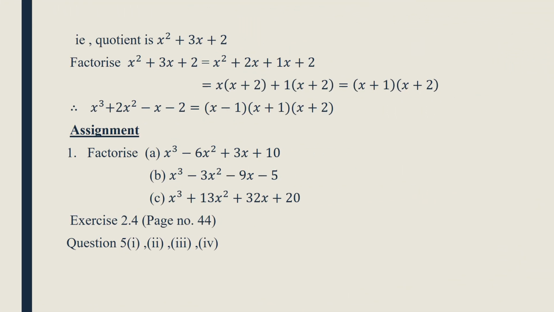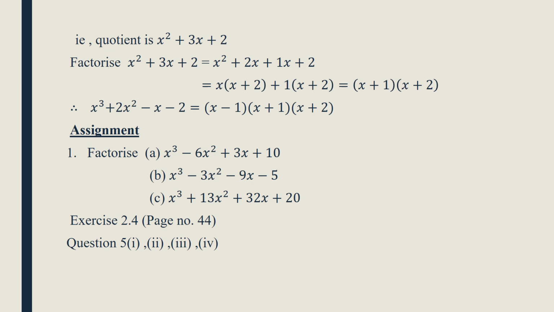Now, factorize the quotient, that is x square plus 3x plus 2, using splitting the middle term. The constant is 2. So, the factors of 2 are 1 and 2. The middle term 3x can be split as 2x plus 1x.